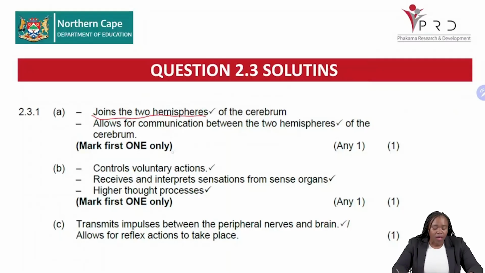Right. Okay. So you're able to see that where there's this part, that is where there's the right hemisphere on one side and the left hemisphere on the other side. So only one mark here. So you can either say it joins the two hemispheres or it allows for communication between the two hemispheres. You don't have to give both answers because why? It is only one mark. So do not waste your time giving two answers.